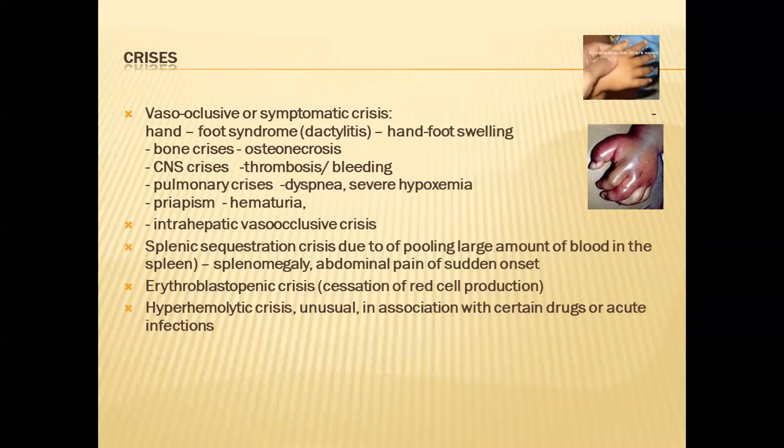So, what are the sickle cell crises? You will come across these words. What do you mean by sickle cell crisis?